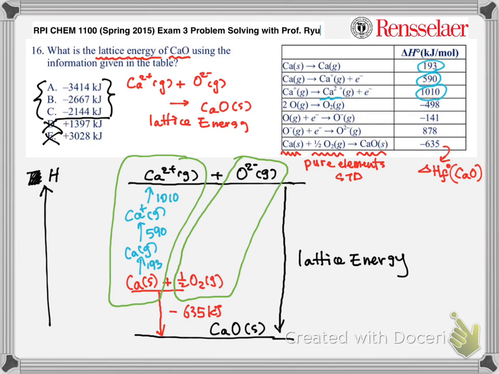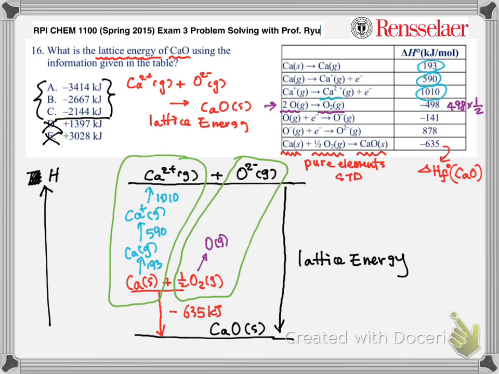Okay, what about oxygen? This is the case showing that two oxygen atoms in gas form react to form the O2 molecule. That is actually the opposite of bond energy. When they meet together, they form this bond, and this much energy is released. In this case, we want oxygen atom gas, so it is the full opposite: 498 times half of what we need.